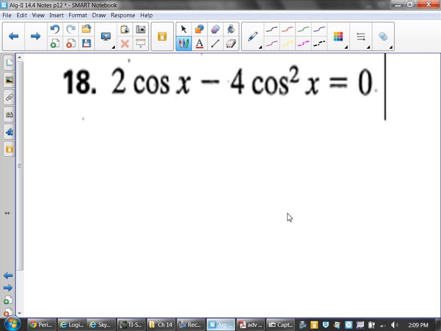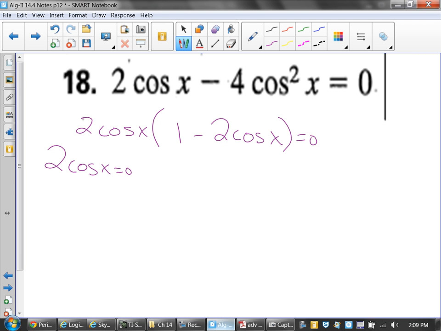So I'm going to factor out a 2 cosine right away, and I'm left with 1 minus 2 cosine of x. My two terms, when I set them equal to 0, give me 2 cosine of x is 0, and 1 minus 2 cosine x is 0.